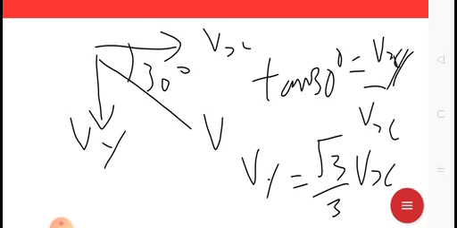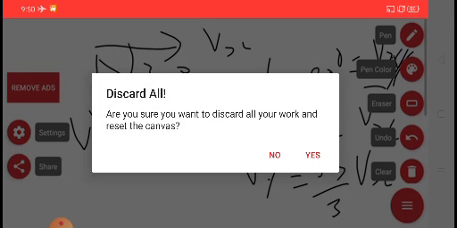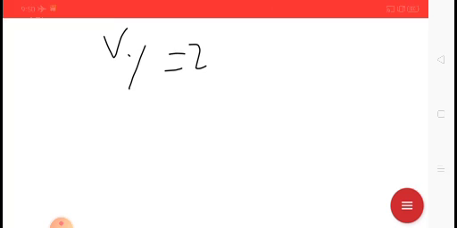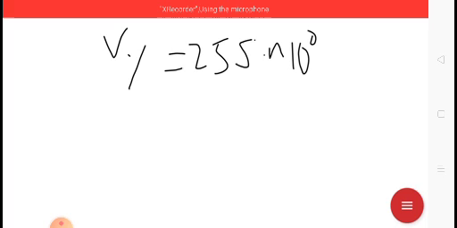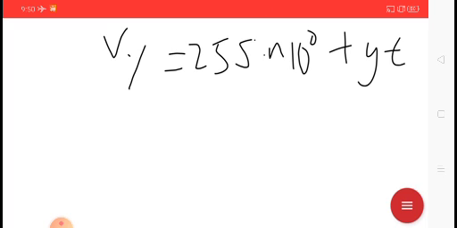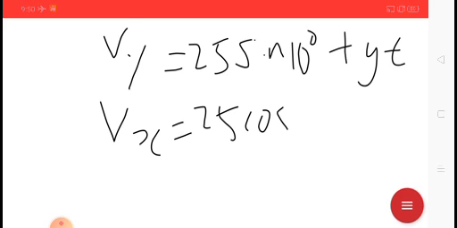We know that for vertical motion we have 25 sine 10 plus gt, and Vx is equal to 25 cos 10.